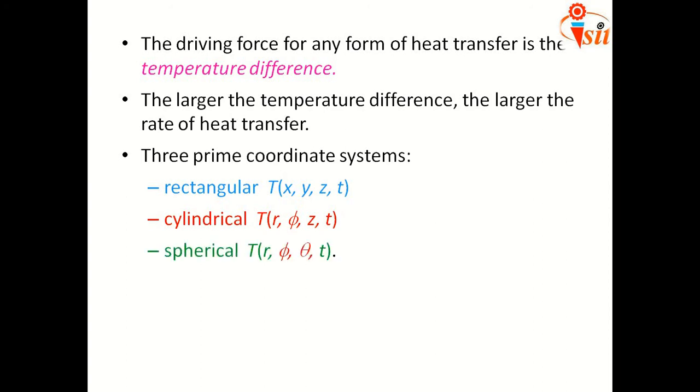In the spherical coordinates, again the radius, phi, theta, and t, which means here we are considering time. While studying heat transfer phenomena, we need to concentrate our attention on dividing every object into these three forms: either rectangular, cylindrical, or spherical.